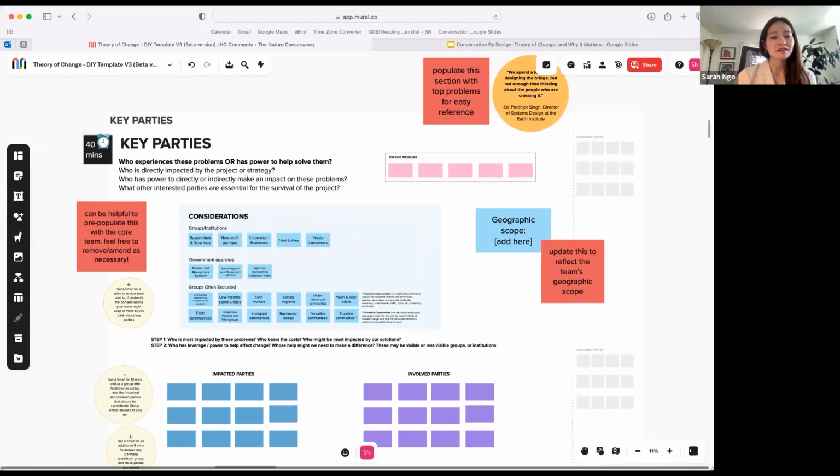One thing that is a little different about this is I think that if teams have recently done interested parties, that is a much more thorough deep dive into what this key party step of the theory of change can cover.